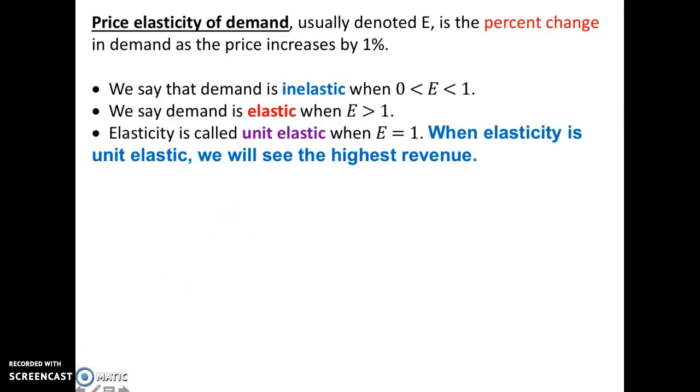There you go. I'm sorry about that. I had another typo I had to fix. We say the demand is elastic when E is greater than 1. And elasticity is called unit elastic or unitary when E is equal to 1. When elasticity is unit elastic, we will see the highest revenue there. That's where we're reaching the critical points of the revenue.